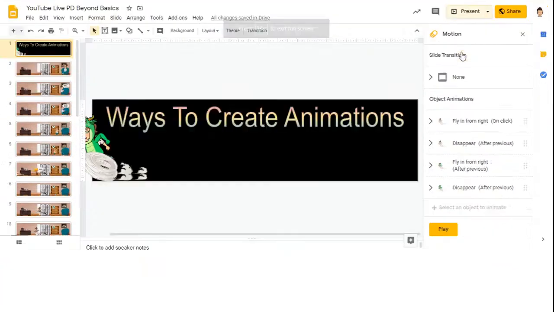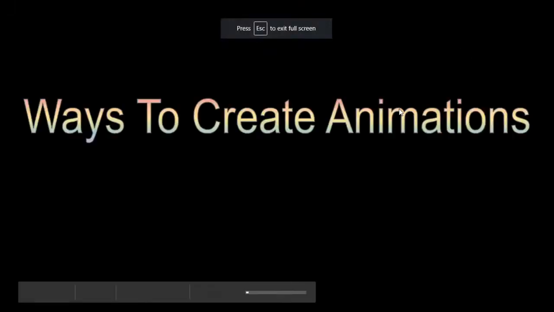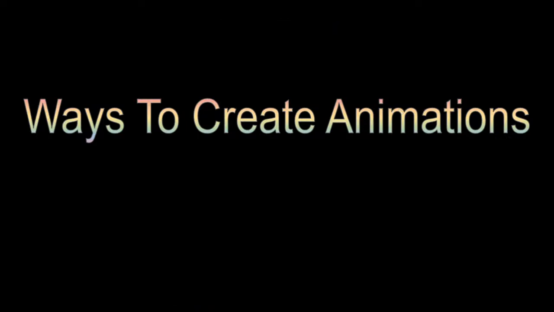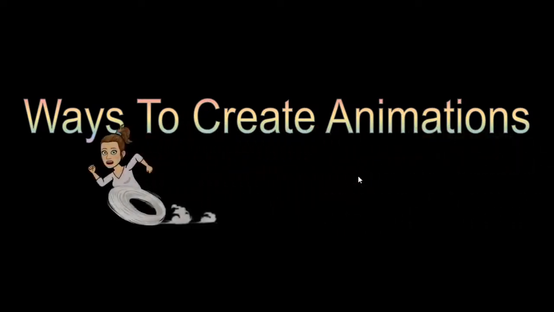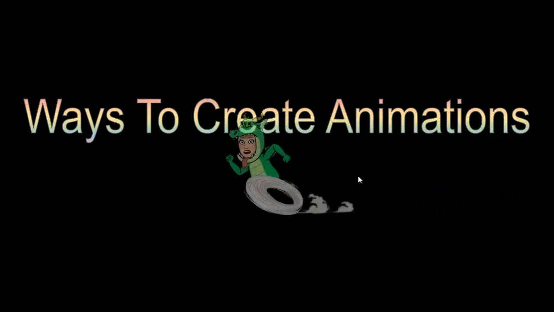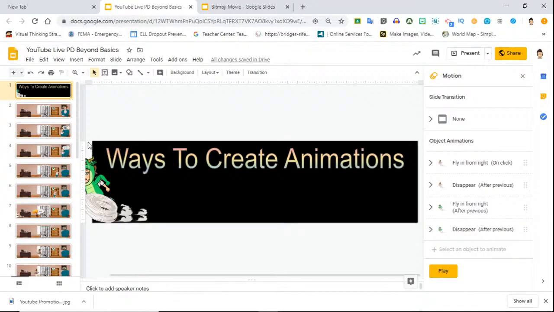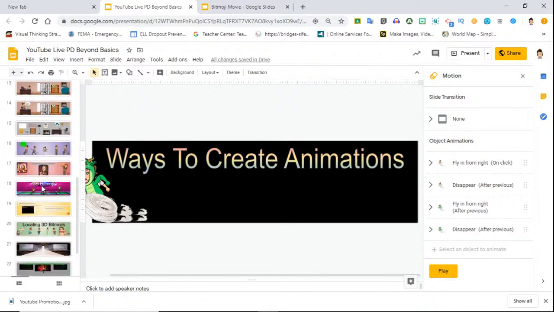I wanted to click the first one. I didn't want it to just automatically start because I wanted the screen to be up for a minute. For this animation, I chose the first one on click, and everything else after the previous. So that's how I was able to get that done.